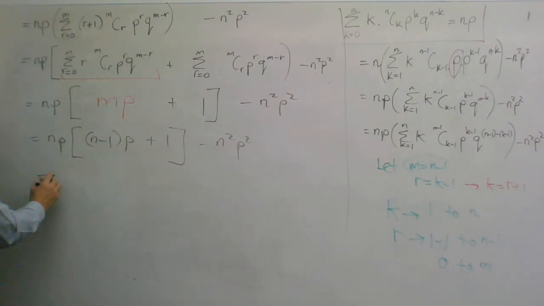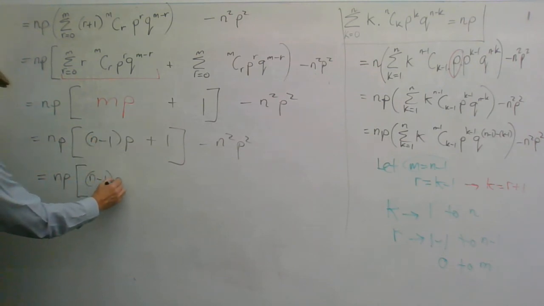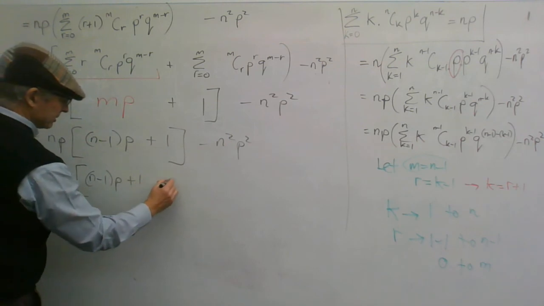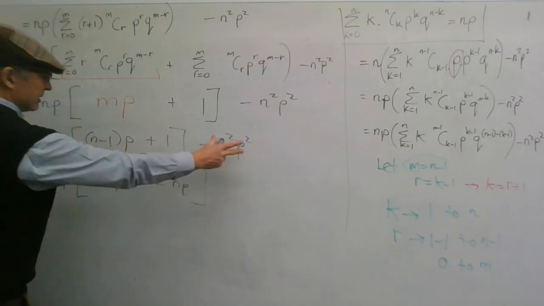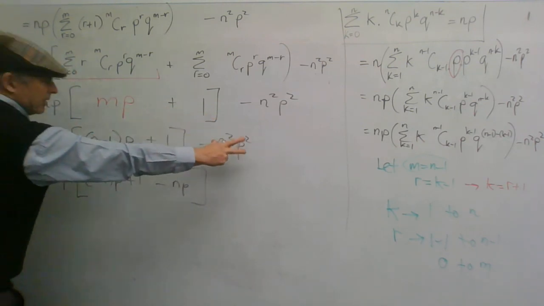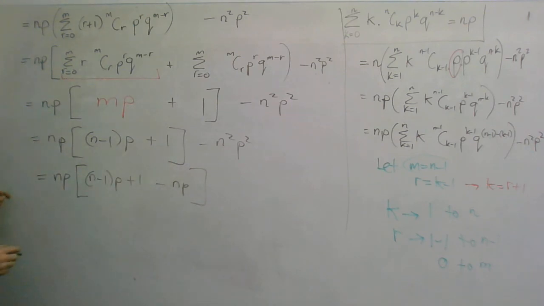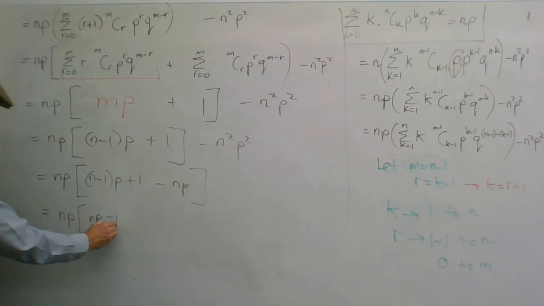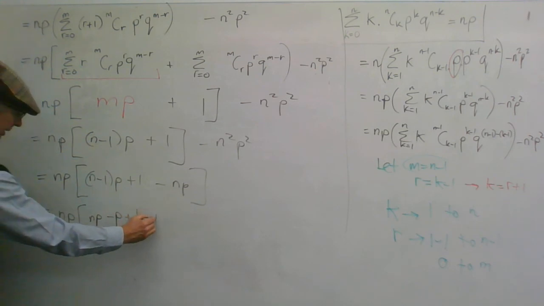So this is NP into this stuff, n minus 1 p plus 1 minus np, if I factorise np out of both this and this. So it's np, and this is np minus p plus 1 minus np.